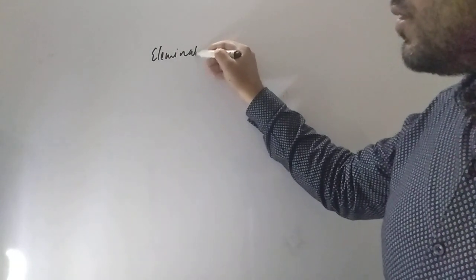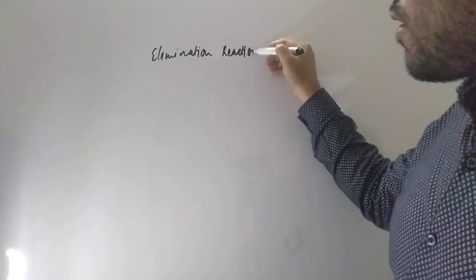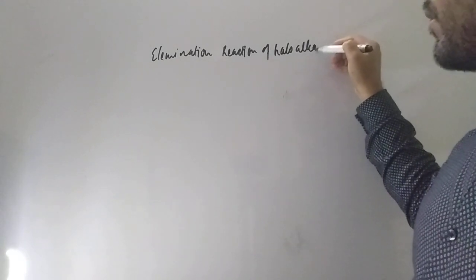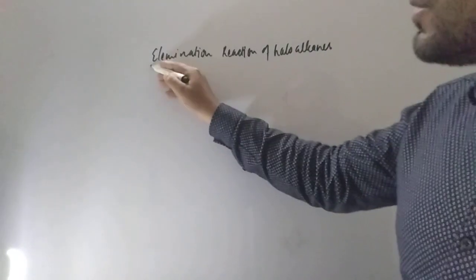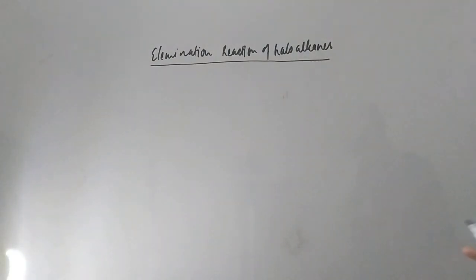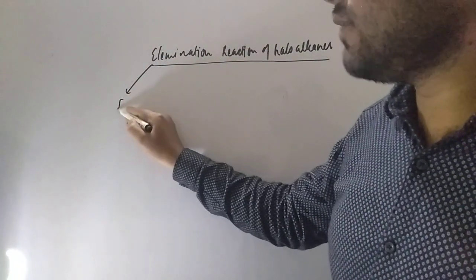Today we are going to understand the elimination reaction of haloalkanes. Dear students, there are certain types of elimination reactions. The first type is the E1 elimination.